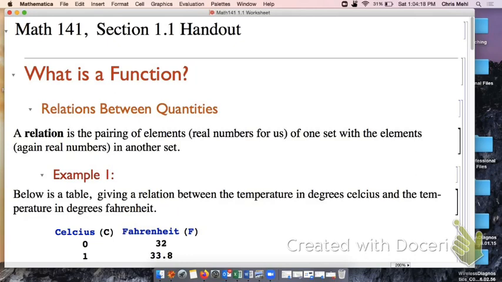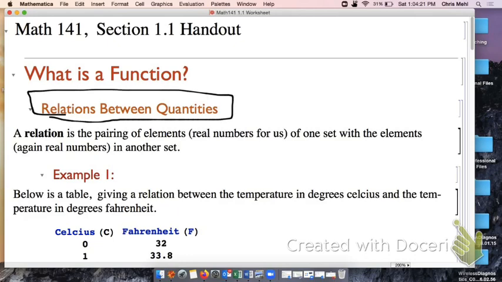I can't really talk about a function without talking about what a relation is. Look at this first definition here. Really, the basic idea is a function is some method or some process by which one quantity is converted into another quantity, or any object or element really is converted into any other object or element.